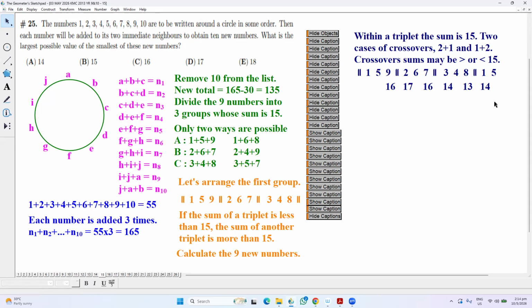So not good. You get 13 only. The others will be 15. Just 7 numbers already, 2, 4, 6 numbers already. We have not yet inserted the 10. So we got 9 numbers, 3 of them 15, 6 of them, the smallest is 13.